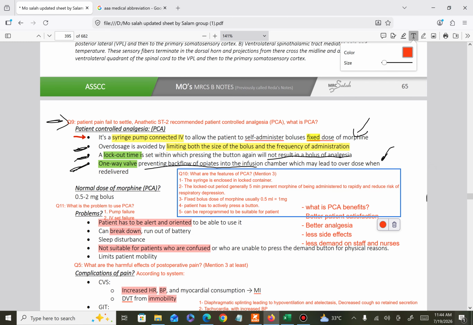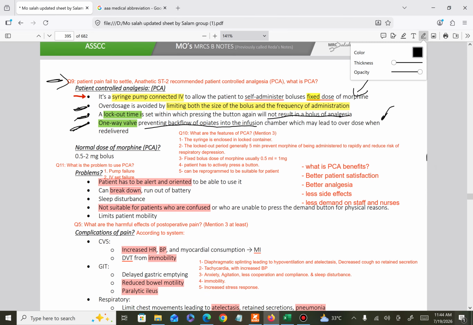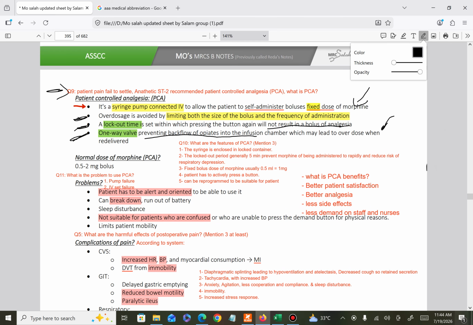Okay, so this is about patient-controlled analgesia or PCA.